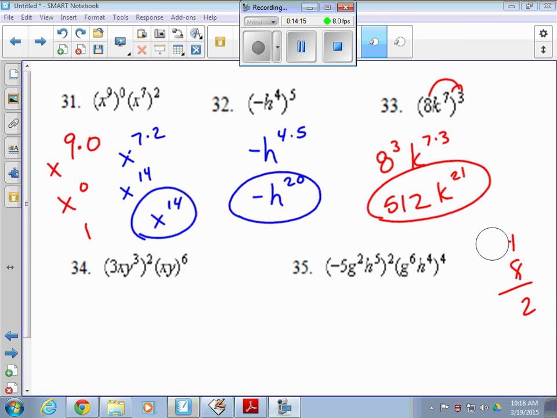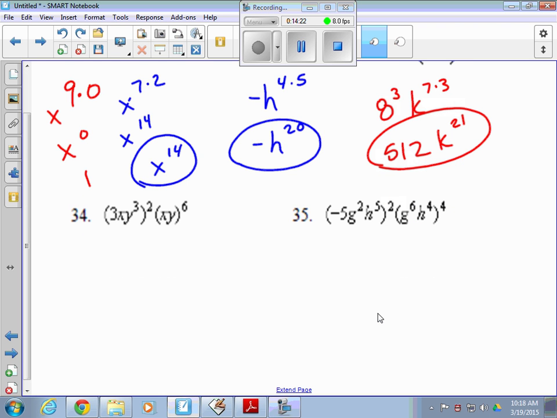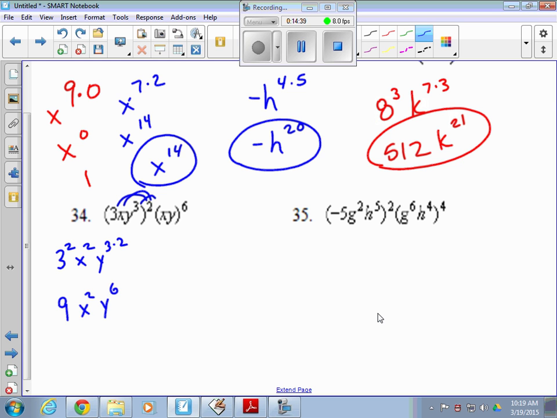And then the last two, you're raising powers to powers first. So everything's getting the 2nd power. 3 gets the 2nd power. x gets the 2nd power, and y to the 3rd gets the 2nd power, so 3 times 2. 3 squared is 9. x squared, y to the 3 times 2 is y to the 6th. Everything gets the 6th power in the second one, so x to the 6th, y to the 6th.